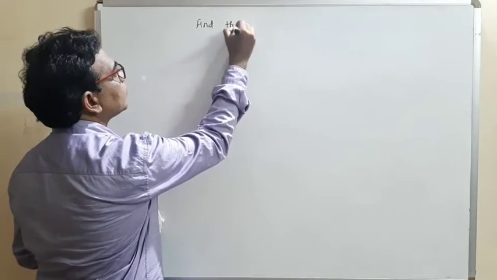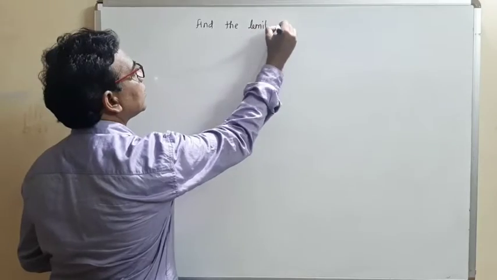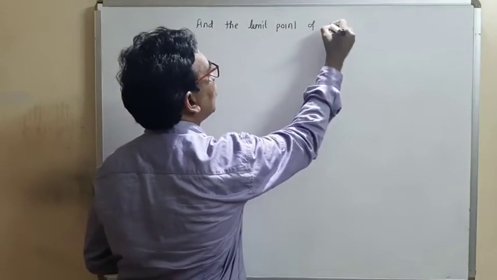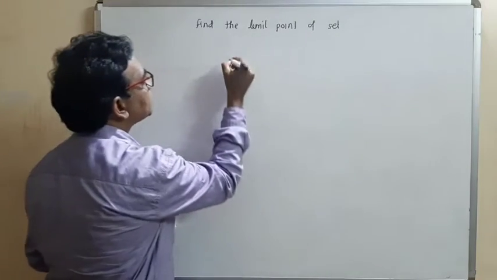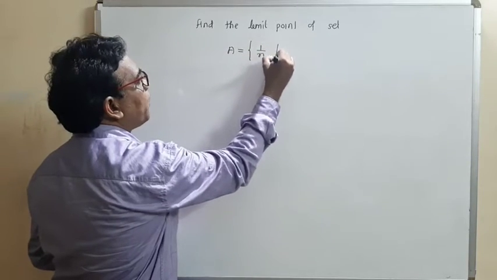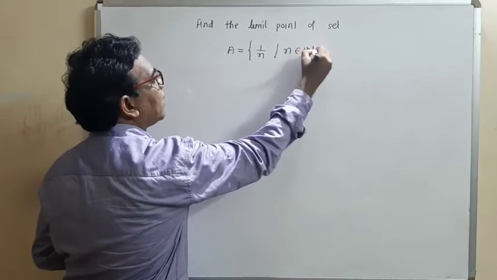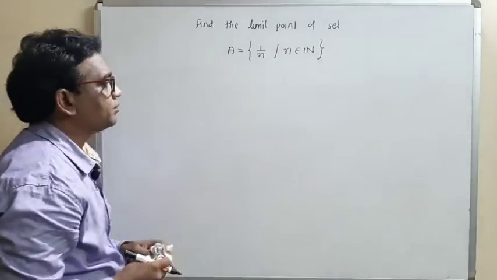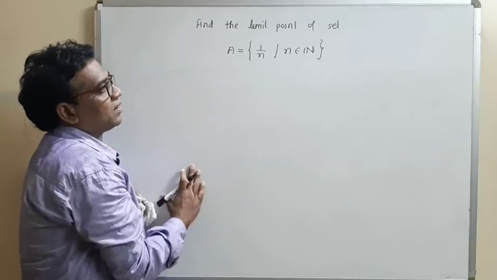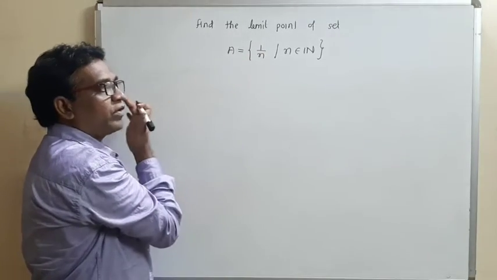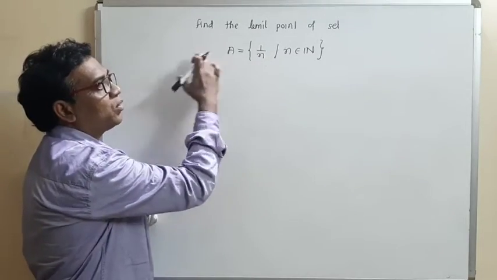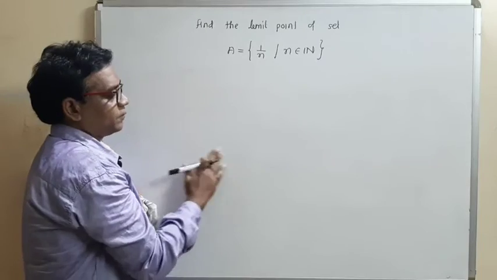Find the limit point of the set A equal to 1 upon n, where n is a natural number. We are given the set A, the set of all 1 upon n, where n is a natural number, and we want to find the limit point of this set.